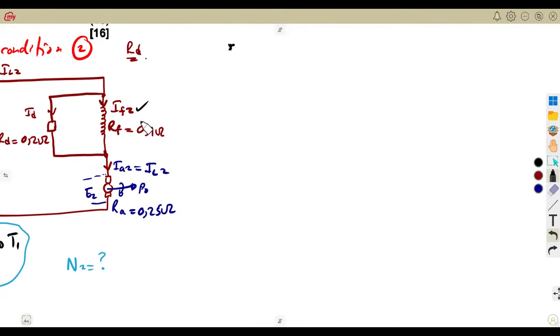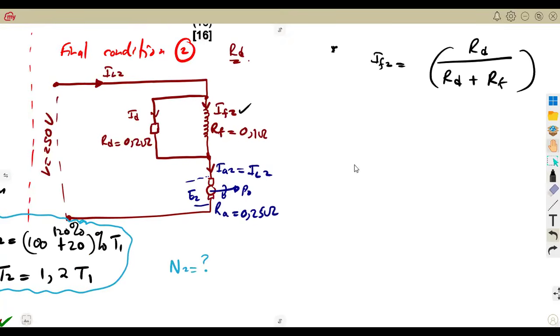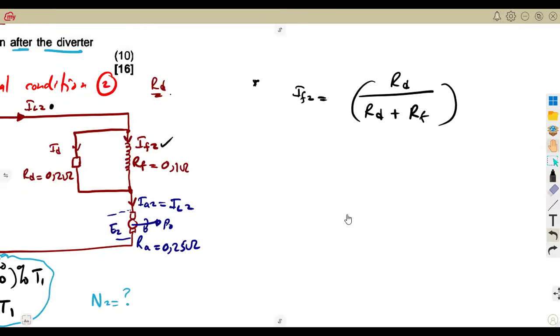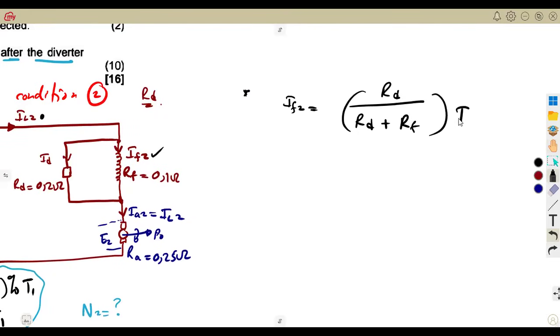Remember I talked about that in the first part: opposite resistor on top. So IF2 is equal to RD over the sum RD plus RF, times the current supplied as your load current, load current 2. But are we having that? No.